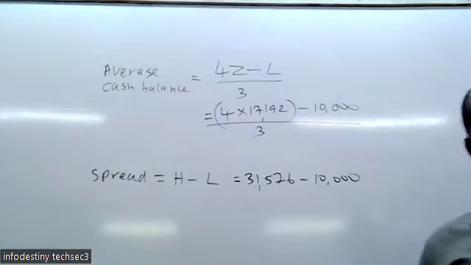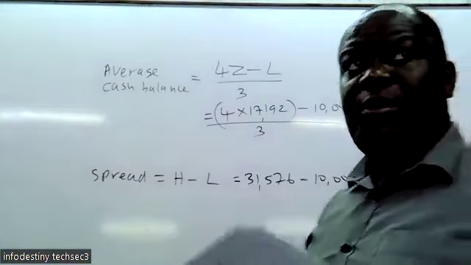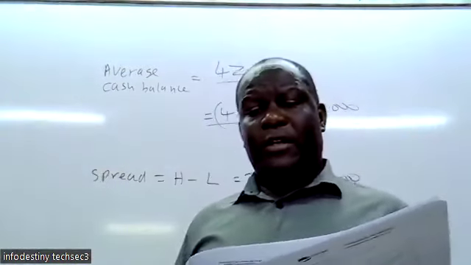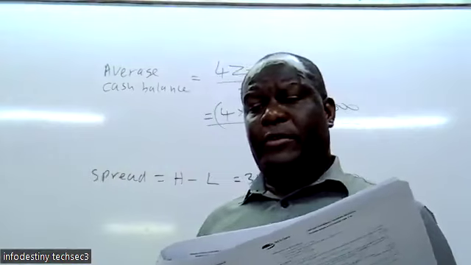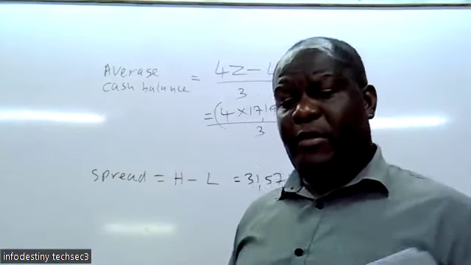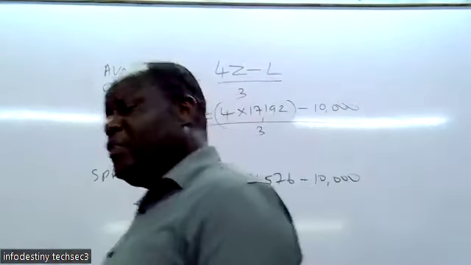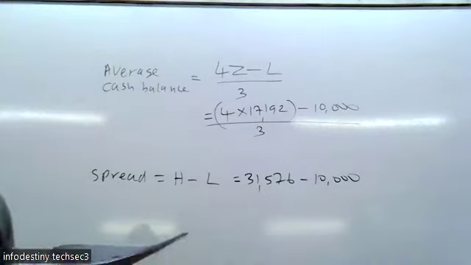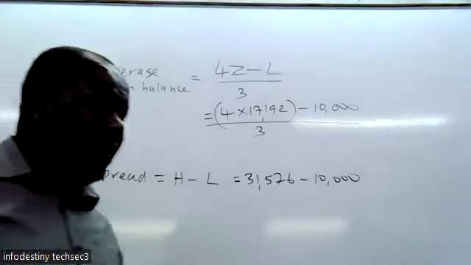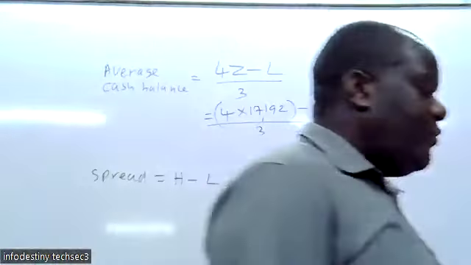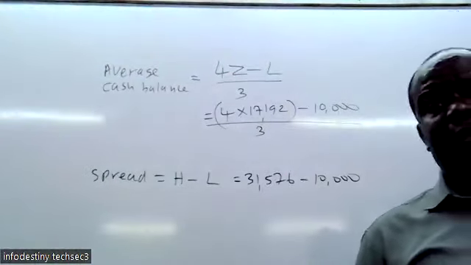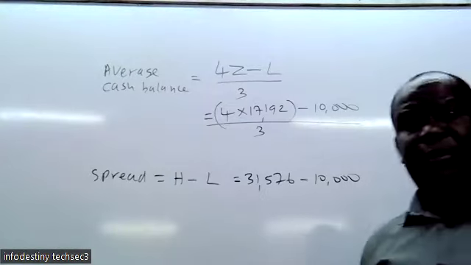Question 3, part A. The question reads that the following information relates to Baobab traders. Note number 1, minimum cash balance is 8,000. Note number 2, variance of the daily cash flow is 4 million, equivalent to the standard deviation of 2,000. So here the question has given the standard deviation of 2,000.